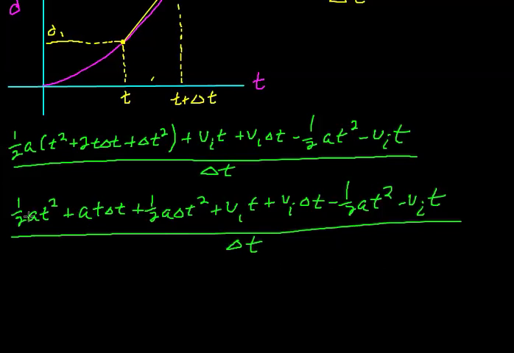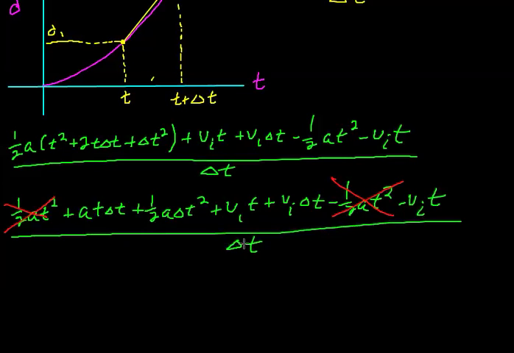Okay, can I make this better? We have a 1/2 at squared, and we have a minus 1/2 at squared. See that? That's pretty nice. So I can get rid of that and that. Do I have anything else I can get rid of here?